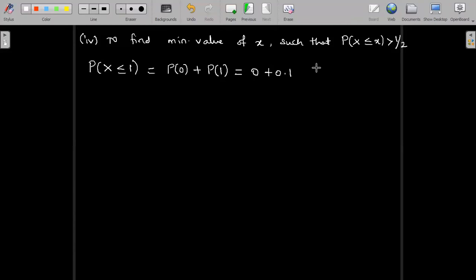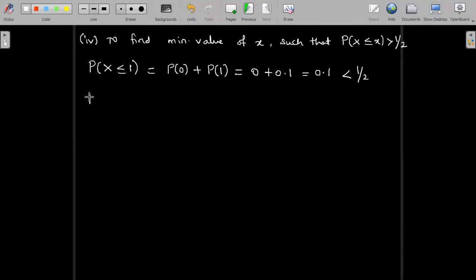So this gives us 0.1, which is less than half. I have to find such a minimum value of x which satisfies this condition, should be greater than half, but 0.1 is a small value less than half. So we'll go ahead with the next value of x.